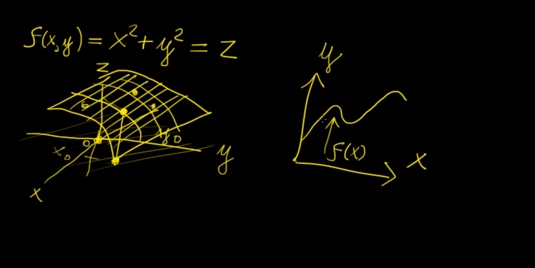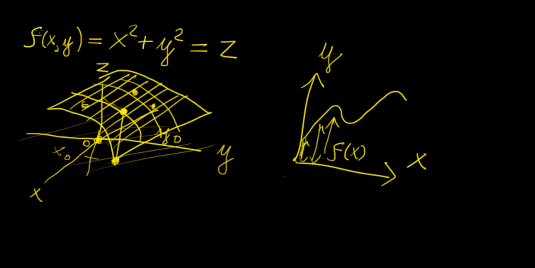Each point of that function is just a transformation of those points of x along the horizontal axis. In this case, the function of two variables is a transformation of all those points with respect to the xy plane. So you can imagine that this surface is sort of like a projection of that xy plane.